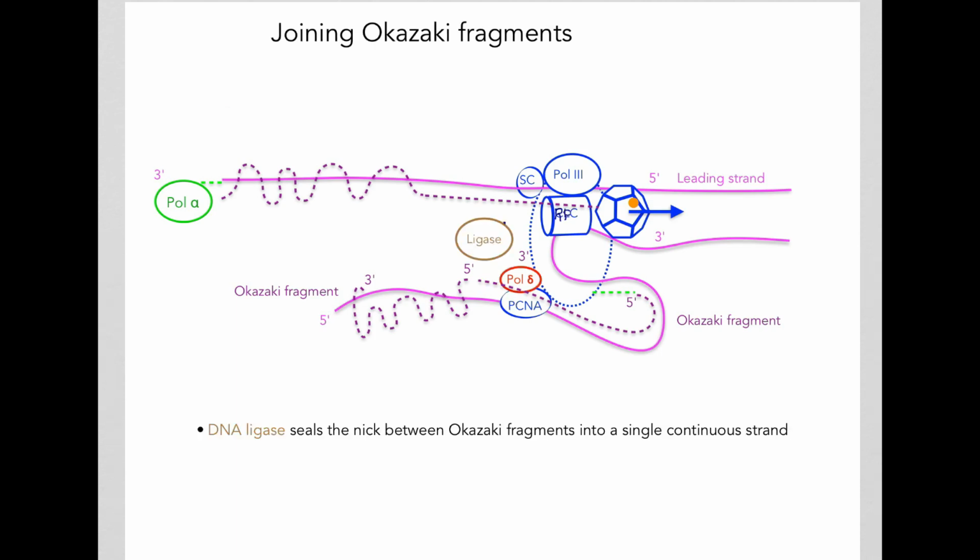Then another enzyme called DNA ligase will join this Okazaki fragment with this Okazaki fragment. It will join these two ends, and that will produce a single continuous strand when the Okazaki fragments are joined together by the ligase.